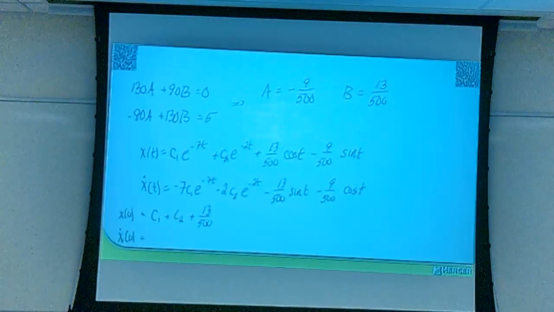And that has to equal 0, right? X dot of 0. That has to be negative 1.